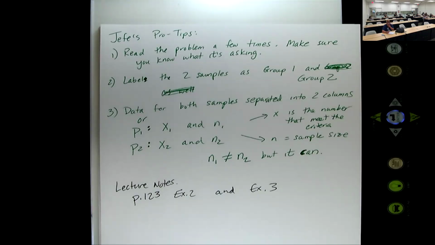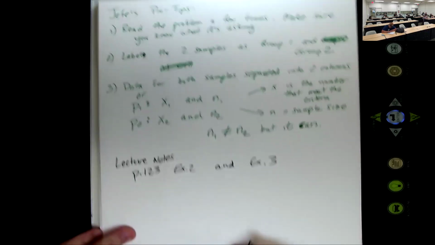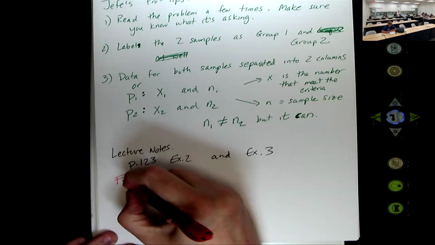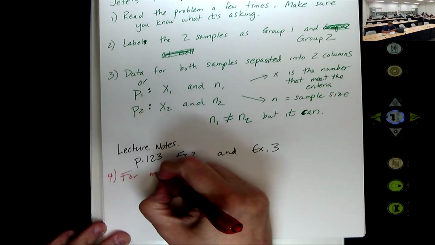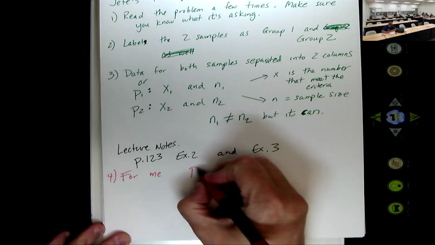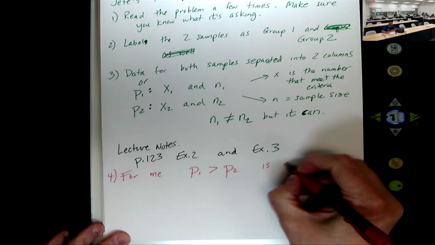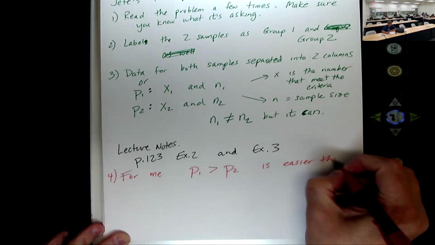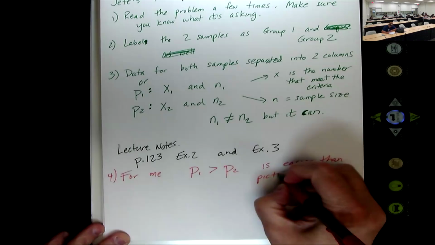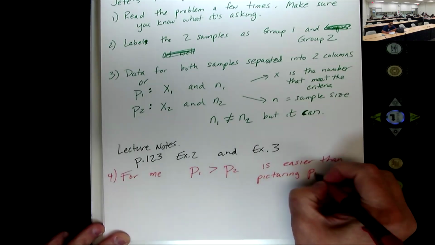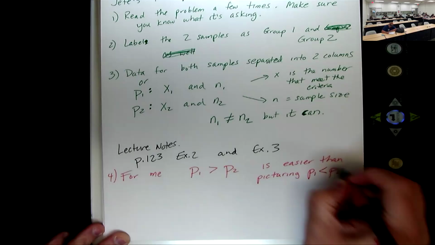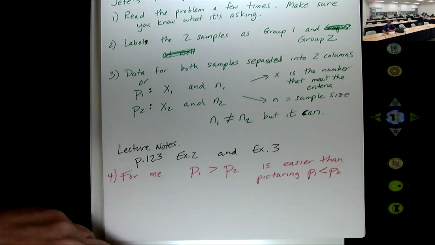Another pro tip, tip 4. For me, thinking about one group's proportion being greater than another group's proportion is easier than picturing less than. If you're more than happy working with less than, go for it.